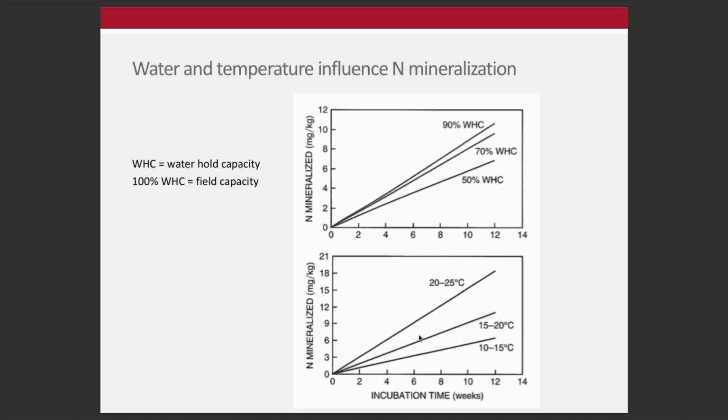Mineralization is driven by a number of things, but water and temperature are really two primary pieces to that. Here we've got on the vertical axis nitrogen mineralized in milligram per kilogram or part per million. And then we've got incubation time as the x-axis, and then we either have water holding capacity or temperature.